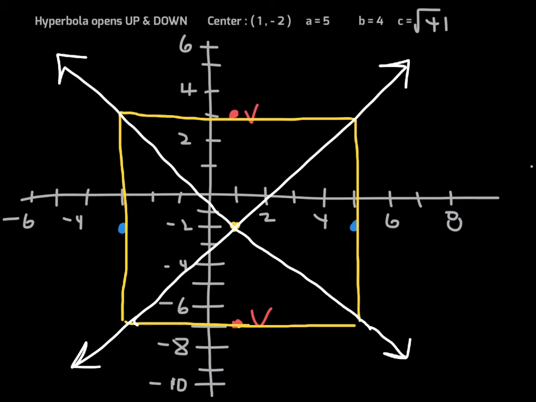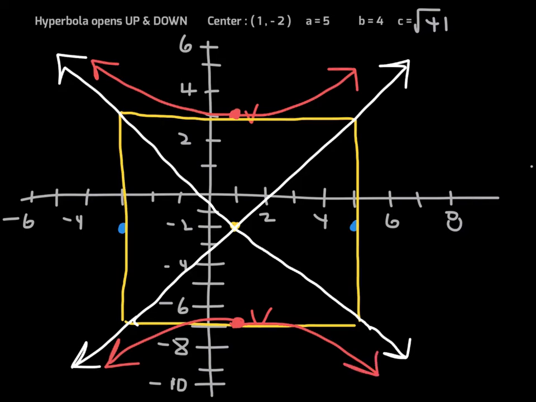Cool. Now these, what we just drew, are the asymptotes that each of your branches will get infinitely close to. So now let me go to each of my vertices and get infinitely close to that asymptote, and then down here, infinitely close to that line and to that line there.